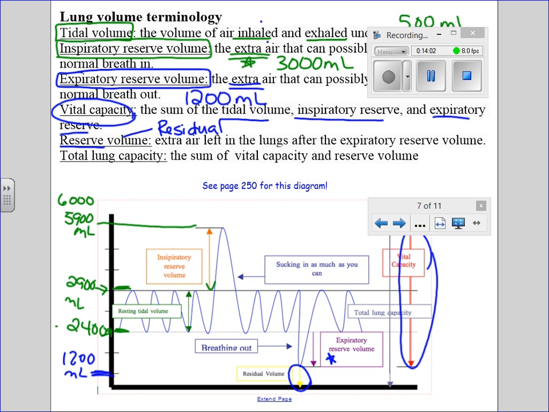The reason that you need this residual air is to prevent the collapse of your lungs. If there was no air left, your lungs are like a wet, sticky balloon. Try prying apart two sides of a wet balloon that's been deflated. It's very hard.